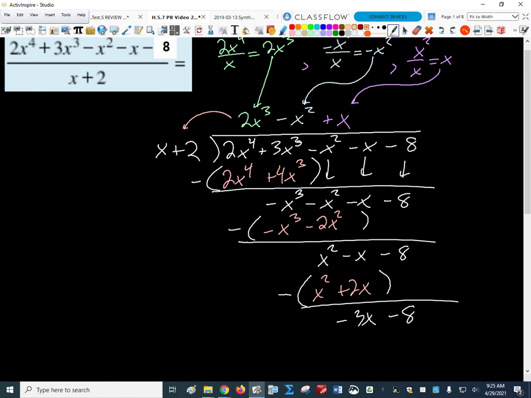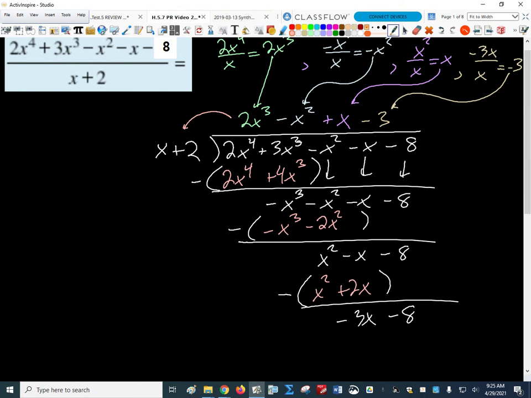So if we divide negative 3x divided by x equals negative 3, right? So there's the last part of my polynomial answer. I'm going to distribute that. Got a new term, so I distribute it.